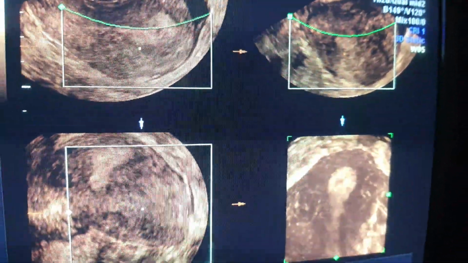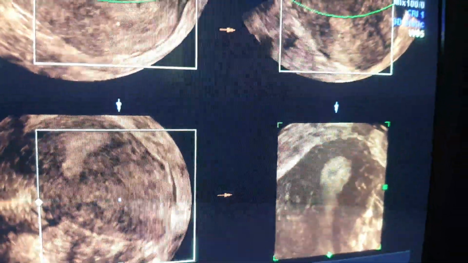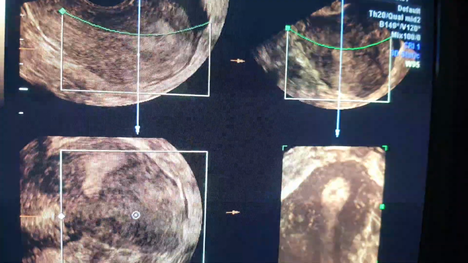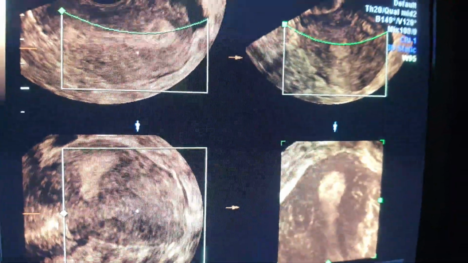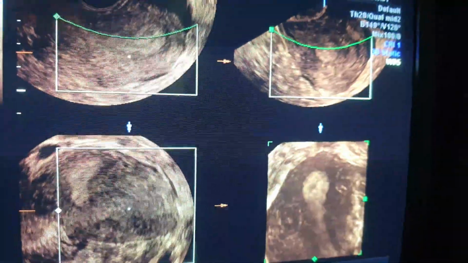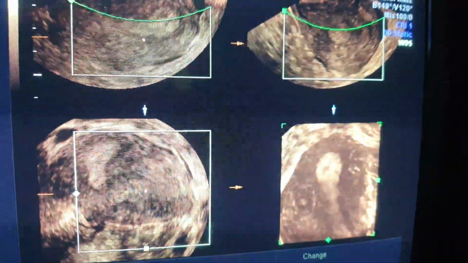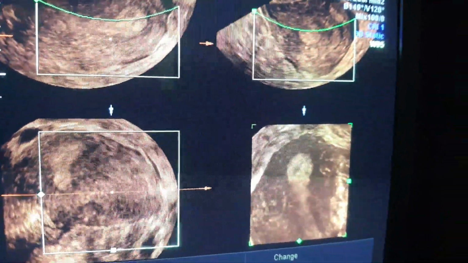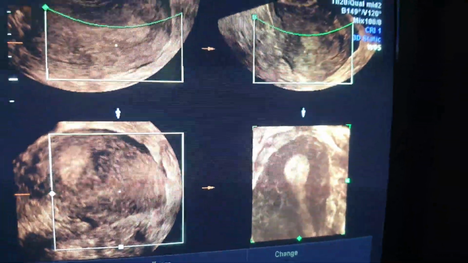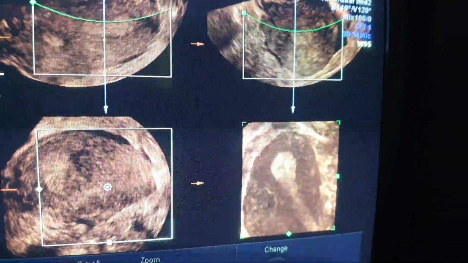Excuse me, because I am the one using the buttons, and I'm the one also recording. So look at the picture at the upper left corner, okay? And notice that I'm working now on certain planes and moving.